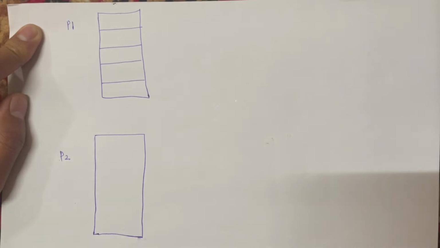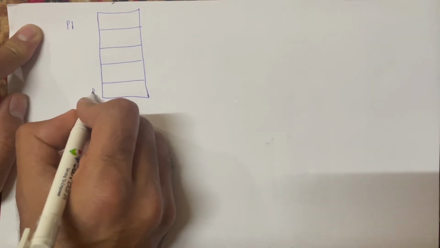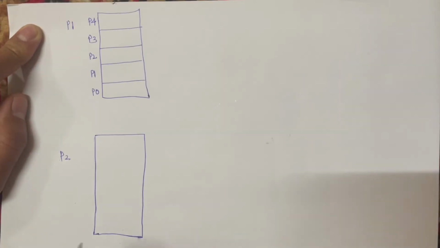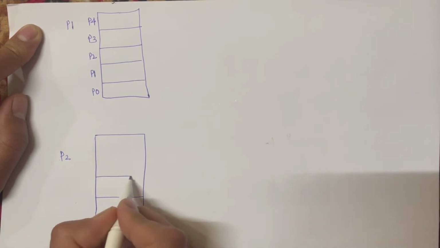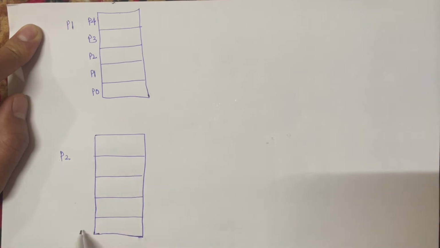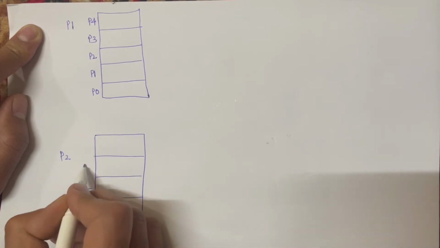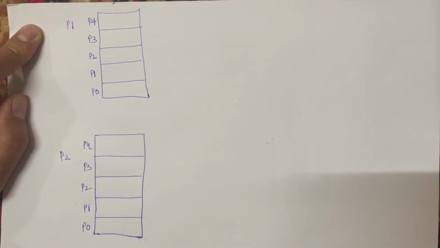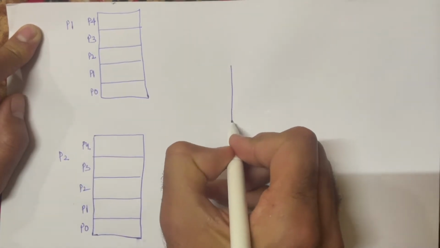Here I have shown some pages: this is page 0, page 1, page 2, page 3, page 4. Likewise, process P2 is also divided into pages: page 0, page 1, page 2, page 3 and page 4. And this is our main memory.